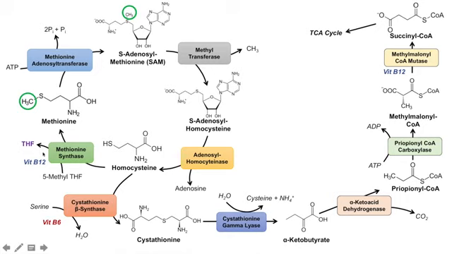So this cycle here represents the activated methyl cycle. Another important outcome of methionine metabolism, if we want ATP generation from methionine, the homocysteine from the activated methyl cycle can be redirected out of the activated methyl cycle and can eventually be processed into succinyl-CoA, which then can be rerouted into the TCA cycle for ATP production.